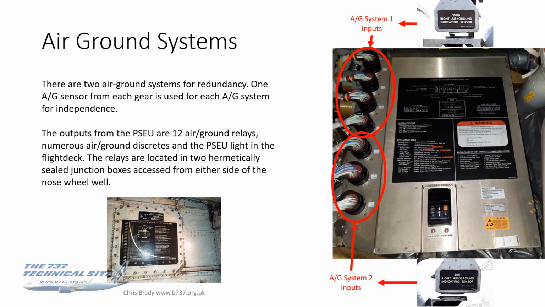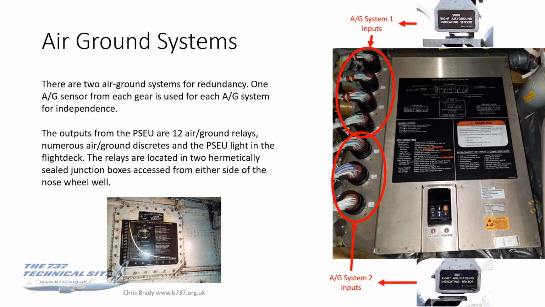Because of the ramifications of knowing whether the aircraft's on the ground or in the air, they've split this out into 2 systems. One air ground sensor from each gear is used in each air ground system for independence. So again, it's all about redundancy, which should be screaming to us how important the air ground systems are.